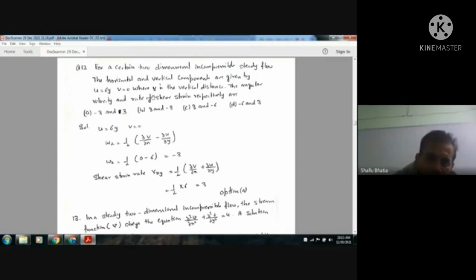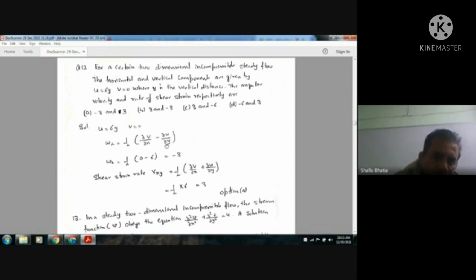We have to calculate angular velocity and shear strain. Because there are only two components, there will be only angular velocity about the z axis, and shear strain will also be about the z axis. Omega z will be 1/2 (∂v/∂x minus ∂u/∂y).